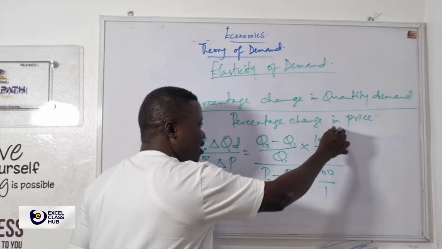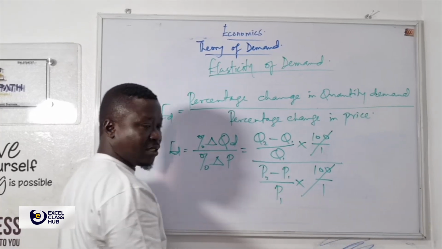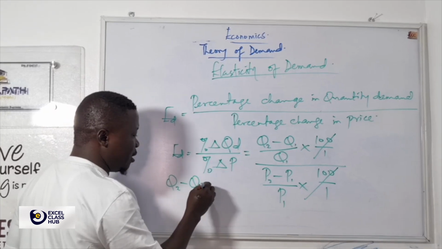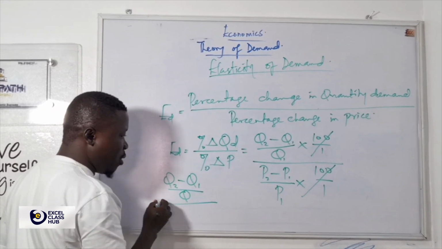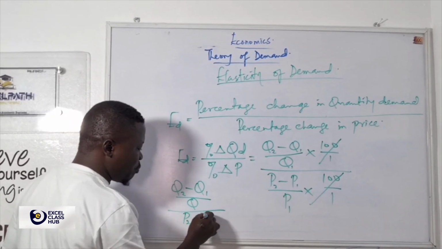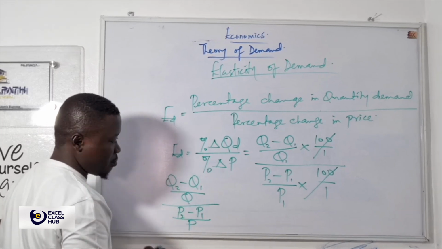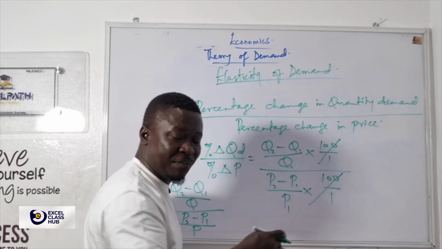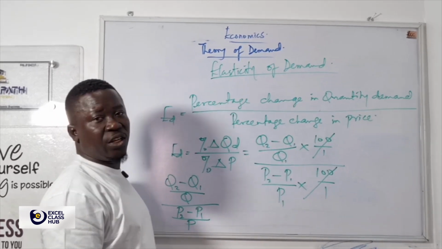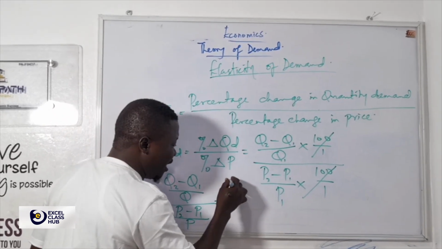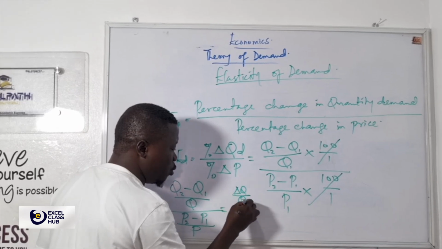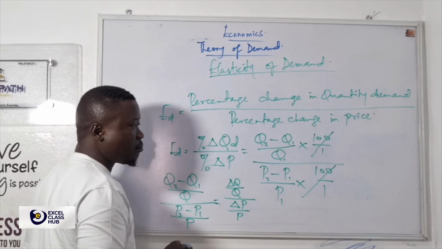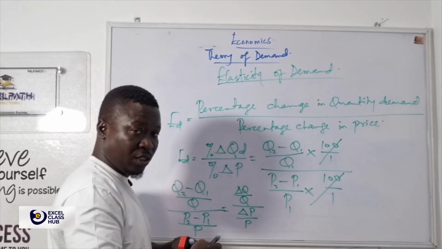Mathematics students, 100 over 1, we cancel 100 over 1, right? We are left with Q2 minus Q1 over Q, over P2 minus P1 over P. When we say Q2 minus Q1, it means change in Q. Then we have change in Q over Q, over change in P over P. I would like to clean the board.